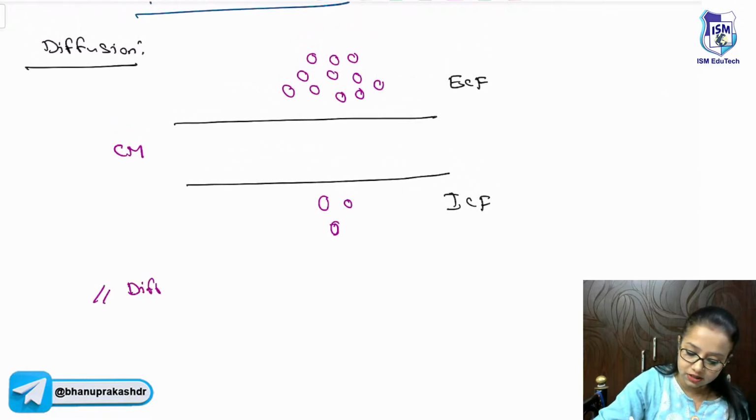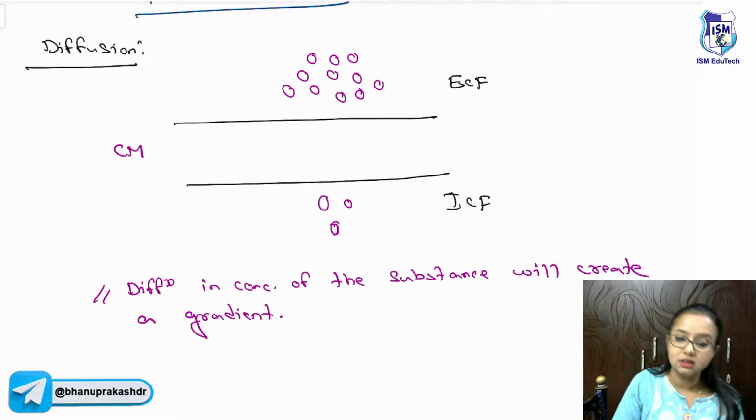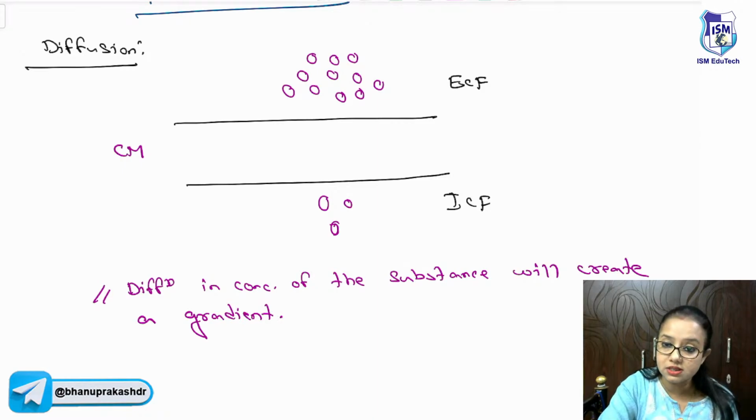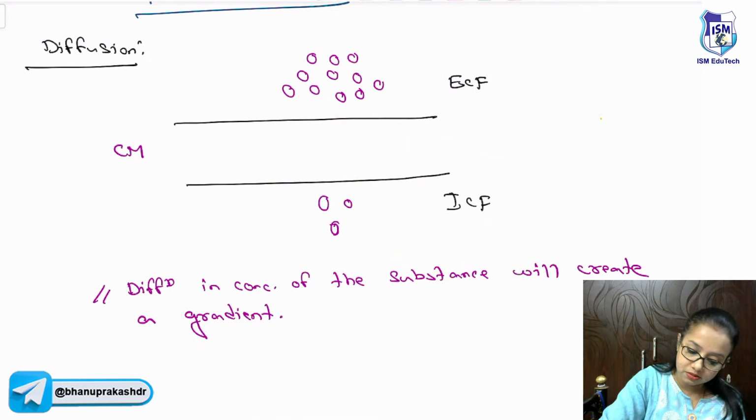This difference in concentration of the substance will create a gradient. So when the concentration is different outside the cell and inside the cell, this concentration gradient will cause passive movement of this substance.